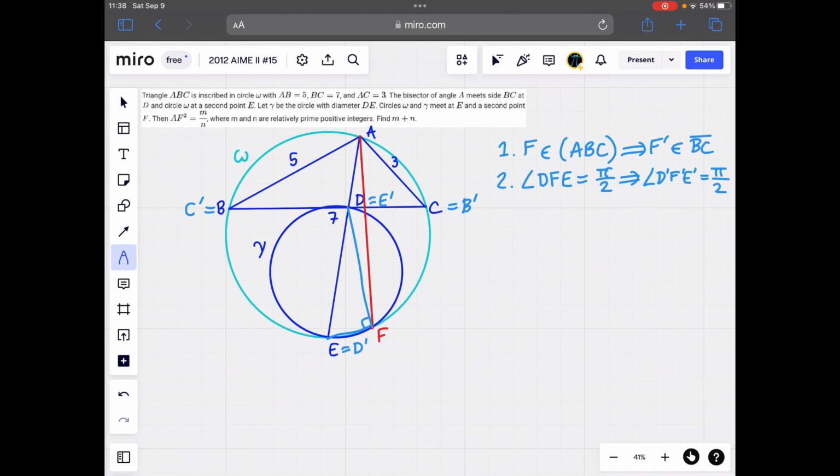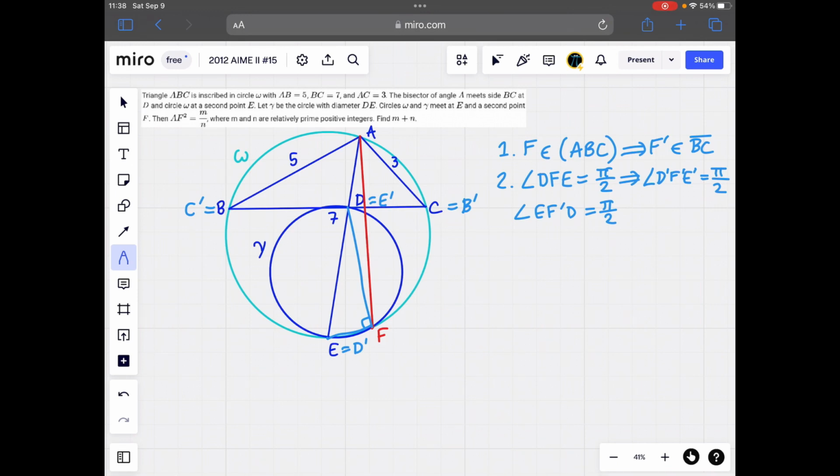But D prime is E and E prime is D. So we just have angle E F prime D equals pi over 2, and F prime is a point on BC. That is enough to uniquely determine the location of point F prime, because we know that F prime lies on line BC, and it's a point such that angle E F prime D is equal to pi over 2.